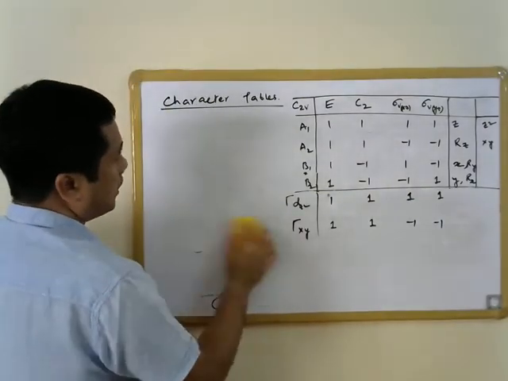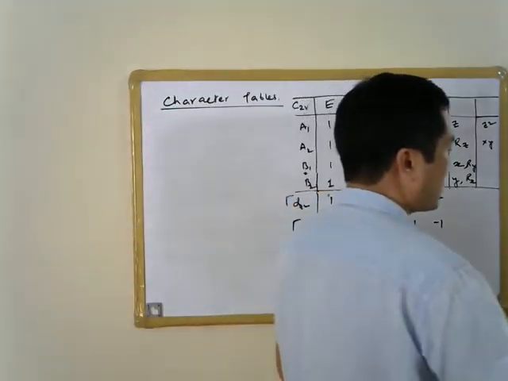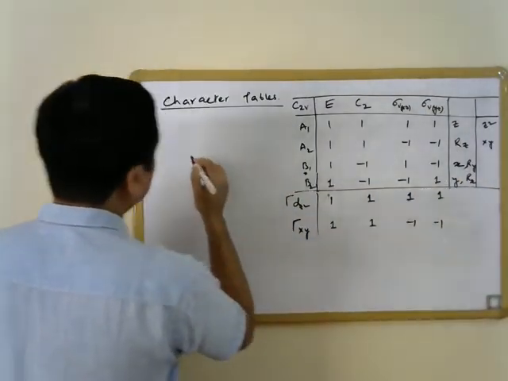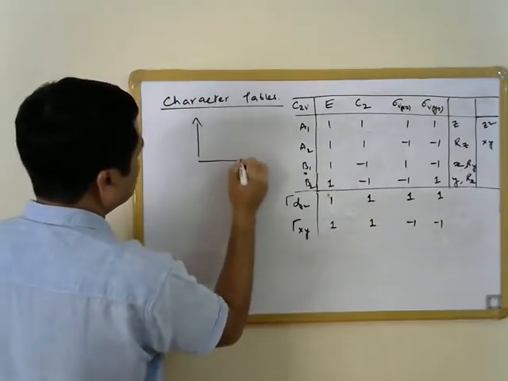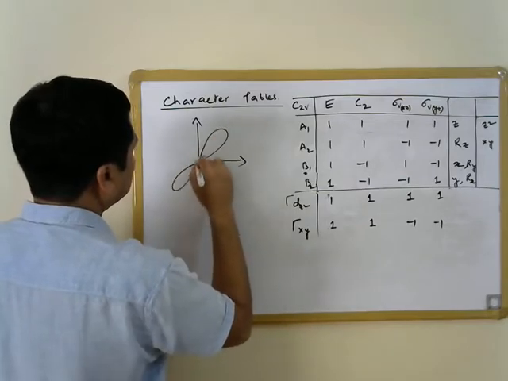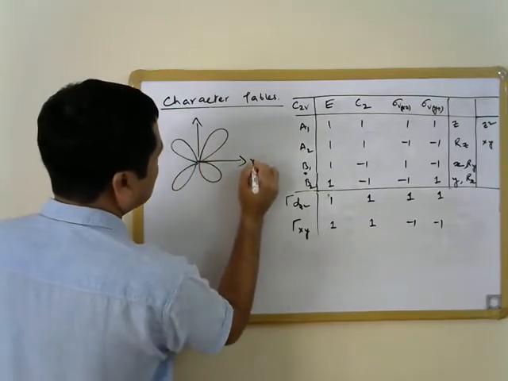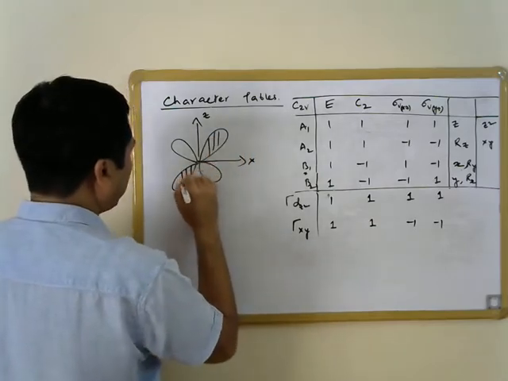So then let's also find out how the xz and yz transform. Let's take the xz. This is x, this is z, and this is the xz orbital.